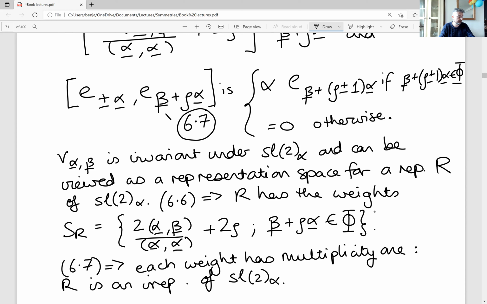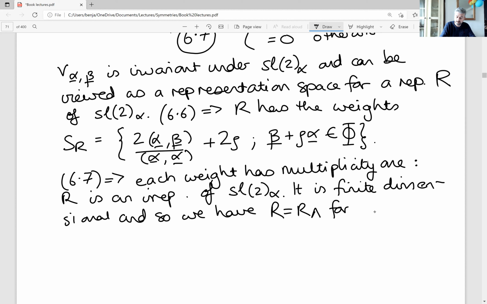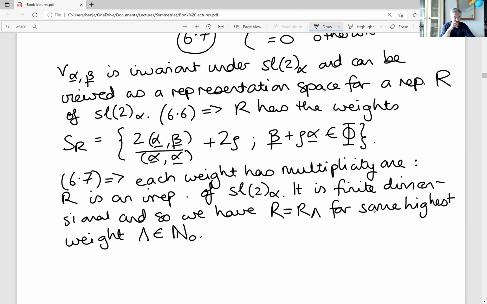This representation is finite dimensional, the weights, for example, are finite. So we use our knowledge of SU2 irreps and say that R has got to be some irrep for some highest weight lambda, which is in the natural numbers, including 0, the set of 0 and all natural numbers.